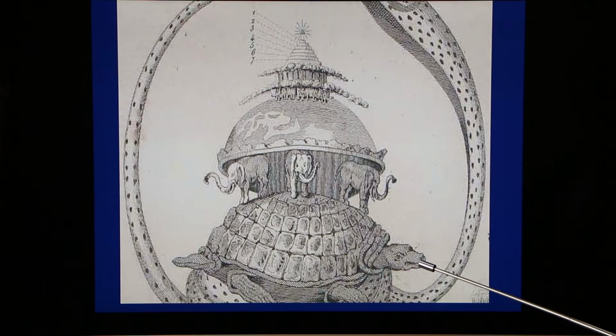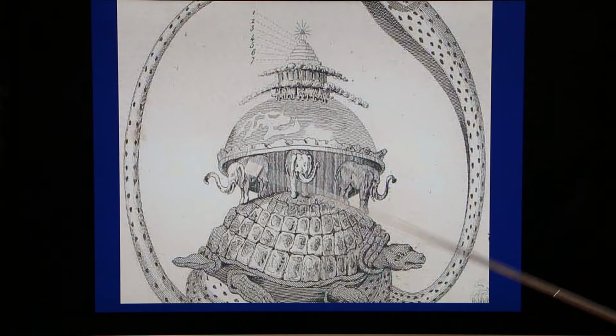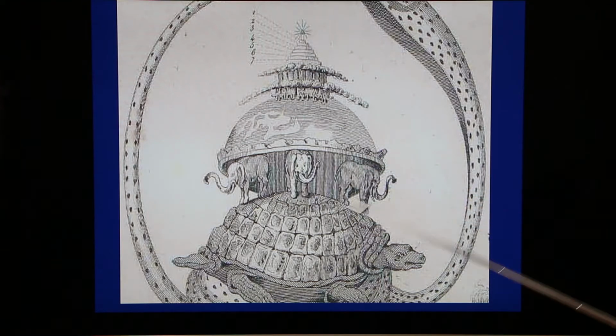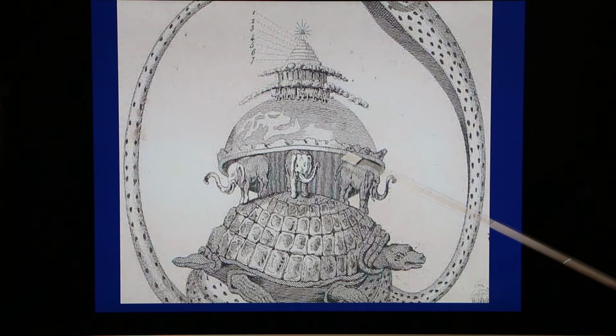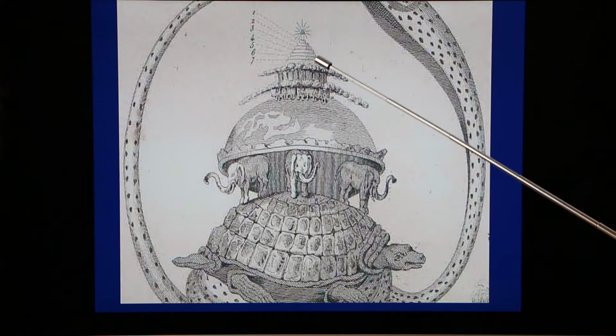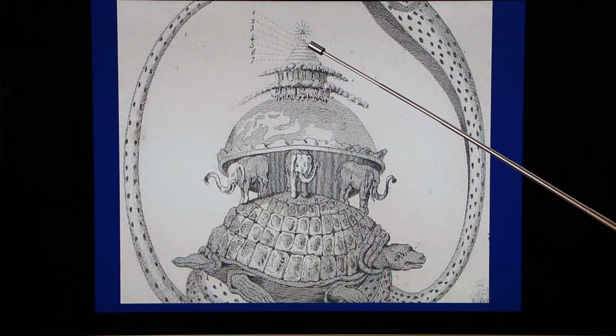Well, speaking of ordering and universe, here is the Hindu version. So I have a great turtle on whom I have 4 elephants. In the early Russian version, there are only 3, but the Hindus have 4. Then we have a round earth, and then I have my Saptaloka.